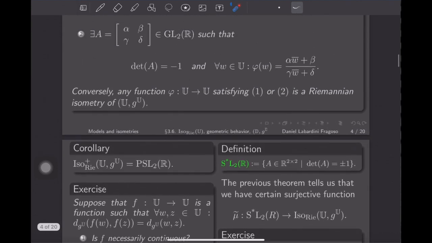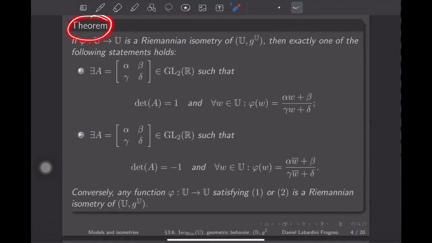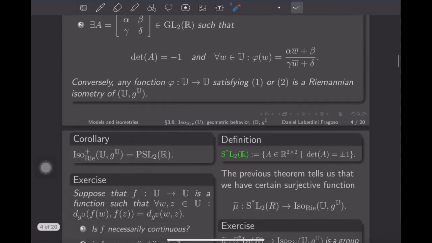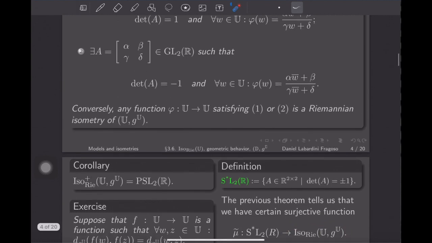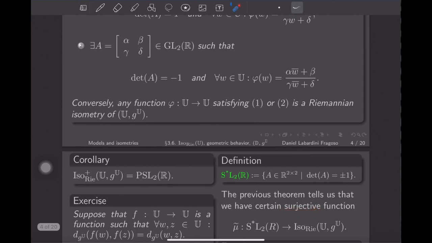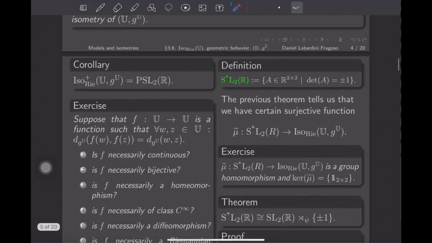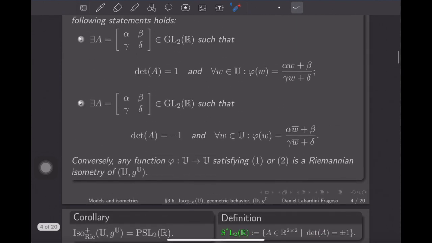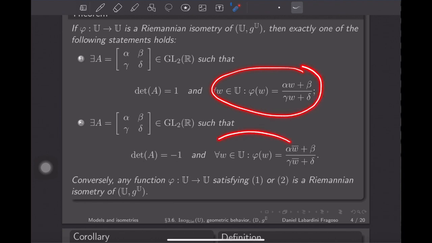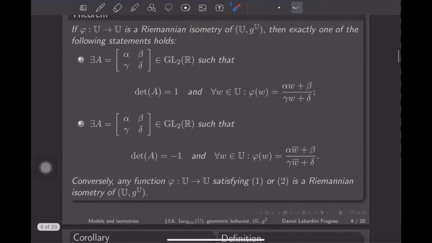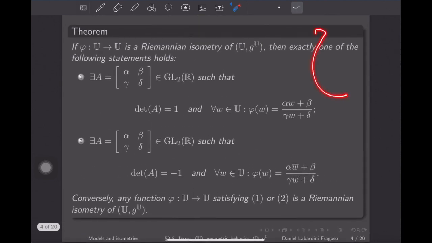And this theorem tells us that we have a function from S star L2R to the full group of Riemannian isometries, and that this function is surjective. For any matrix of determinant plus or minus 1, we can consider the corresponding function in the case of determinant 1 or in the case of determinant -1. That's a Riemannian isometry, and this theorem tells us that it's surjective.